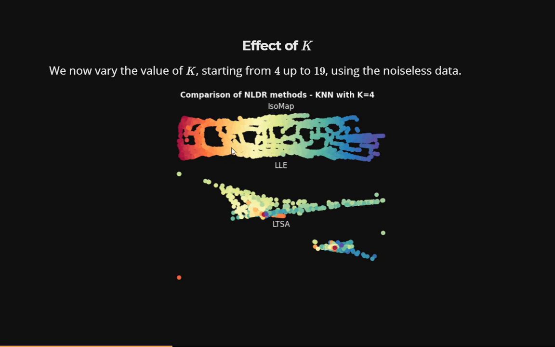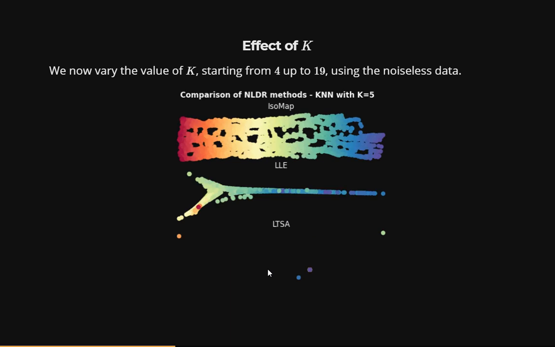At least IsoMap kind of has the gradient we would like to see from red to blue. LLE is disastrous. It gives you all the internal part of the roll and it squeezes the two endpoints here. And LTSA is even worse. Okay, if you go up with k equal 5, IsoMap starts to look like something you would like.